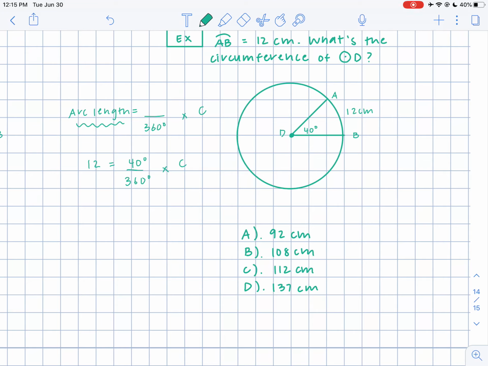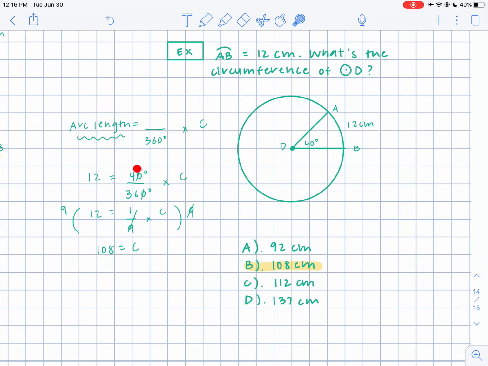And then we would just solve and simplify. So we can cancel out the zeros. This should give you 1/9 times c equals 12. To solve for circumference, get c by itself. Times both sides by 9. Cancels out. 12 times 9 is 108, so our circumference is 108 centimeters.